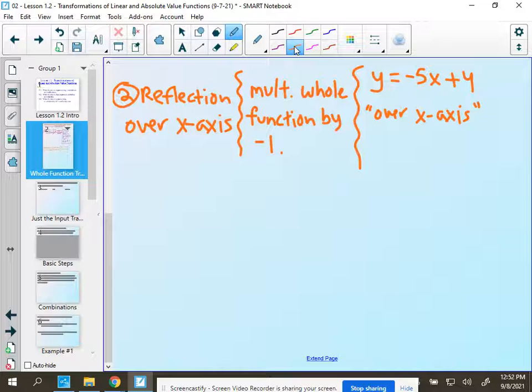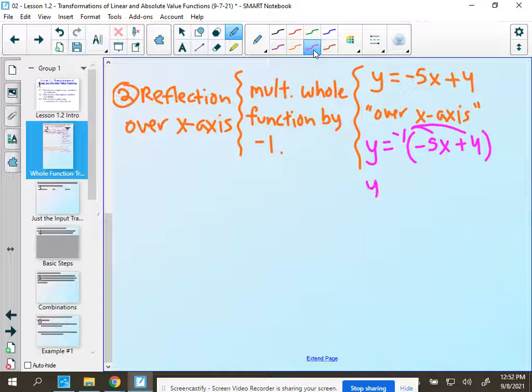What does that mean? Well, I need to multiply the whole function by -1. The reason I'm hammering that whole function is I want to take this whole thing, negative 5x plus 4, and multiply that by -1. I'm using parentheses to make sure I distribute that -1.